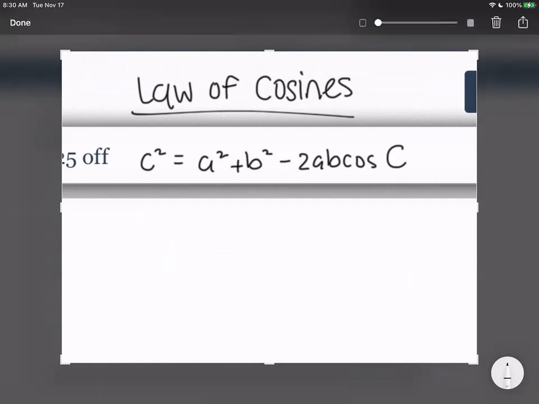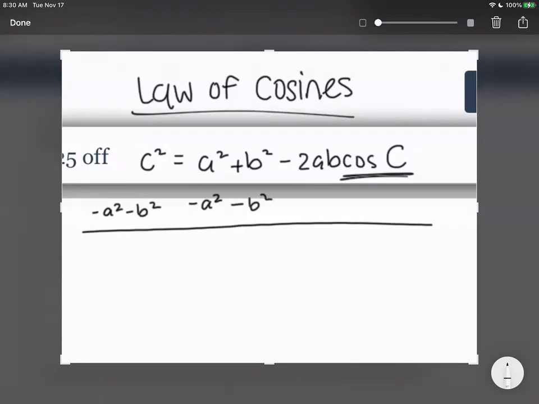So if we were trying to get cosine c all by itself, what I would do would be subtract a squared and b squared on both sides. So then you would get c squared minus a squared minus b squared equals negative 2ab cosine c.